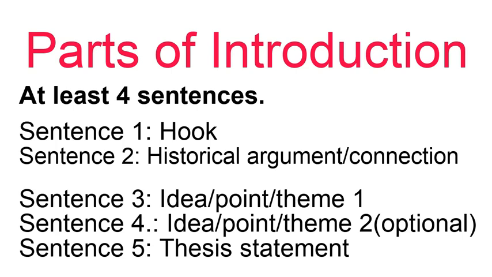For instance, if you're talking about the effect of COVID-19 on the economy, then basically your hook would be something like, COVID-19 has led to loss of lives and increased the cost of living that significantly has affected the economy.